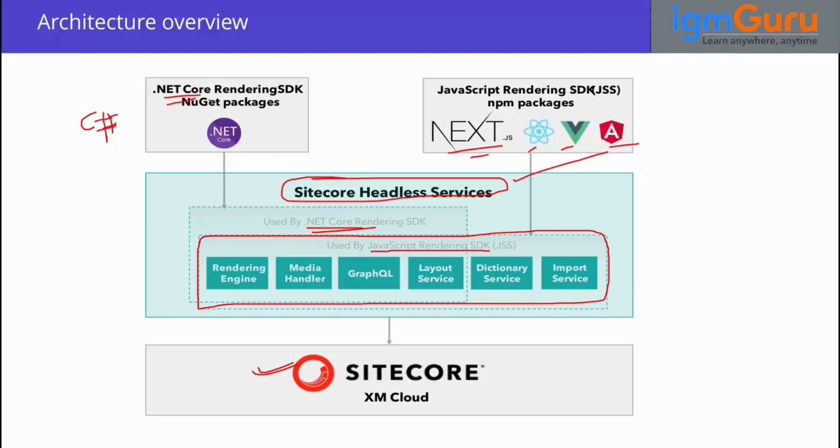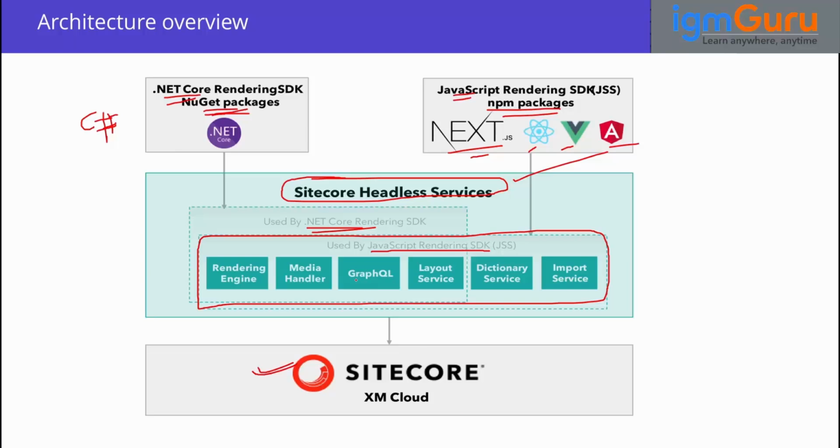Through this one, you can install NuGet packages, create a C#-based project, and then connect it with the Sitecore headless services. Through that you can get the content from Sitecore. If you are using the JavaScript framework, then you can use the NPM packages. If you are using .NET Core, then you can use the NuGet packages here.